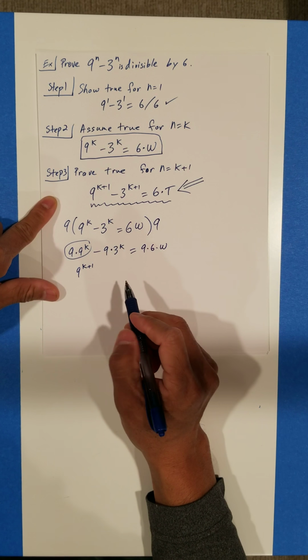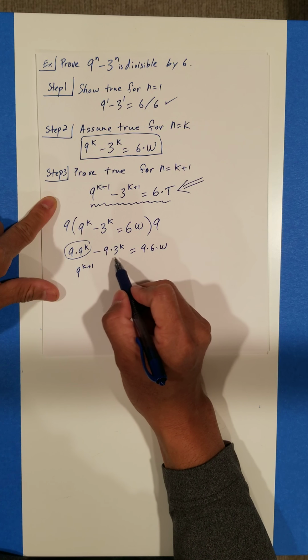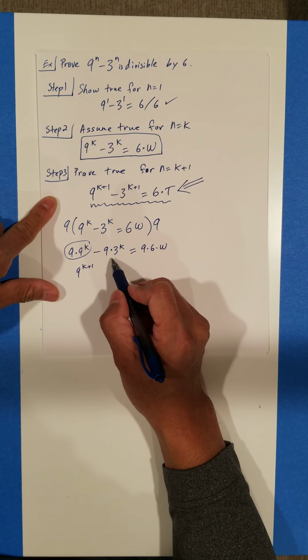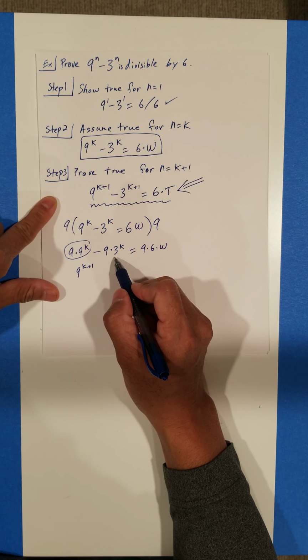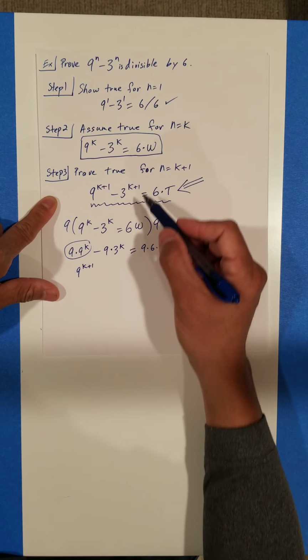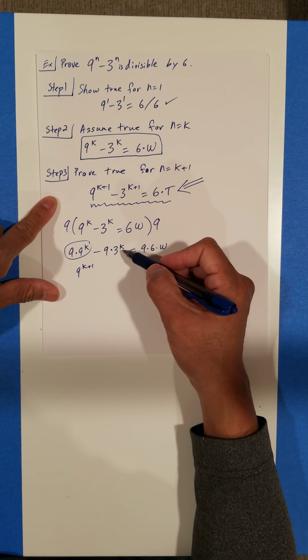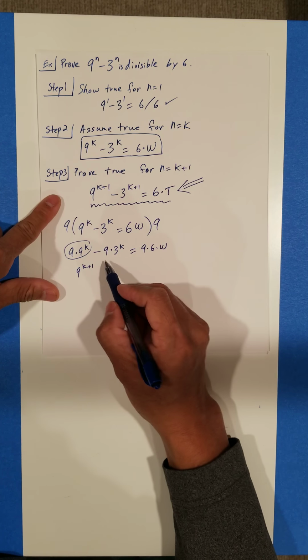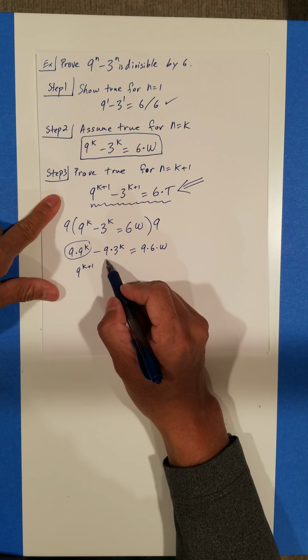Now, there's a little trick here. What I'm trying to do is make this guy become 3 to the k plus 1. But this is a 9, and so it can't immediately become 3 to the k plus 1. What I've got to try to do is break this down.